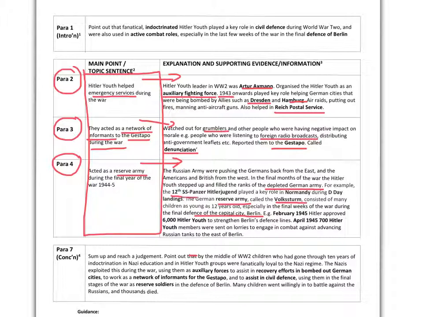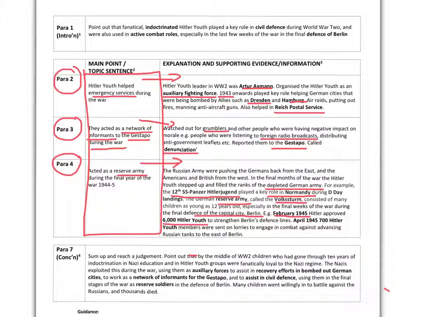The 12th SS Panzer Hitlerjugend, Hitler Youth, was an army division of children, 16 to 18-year-olds, who defended Normandy when the Allies landed at D-Day in June 1944. In February 1945, Hitler approved 6,000 Hitler Youth be employed as soldiers to strengthen Berlin's defence lines.